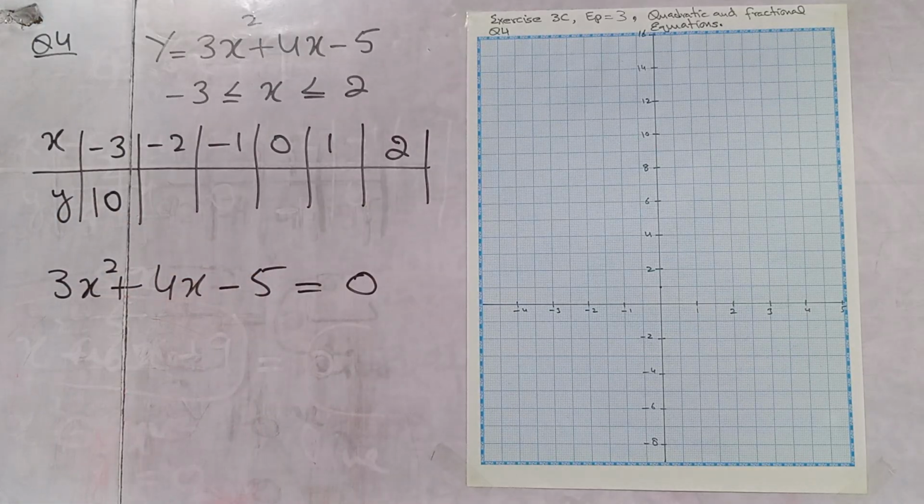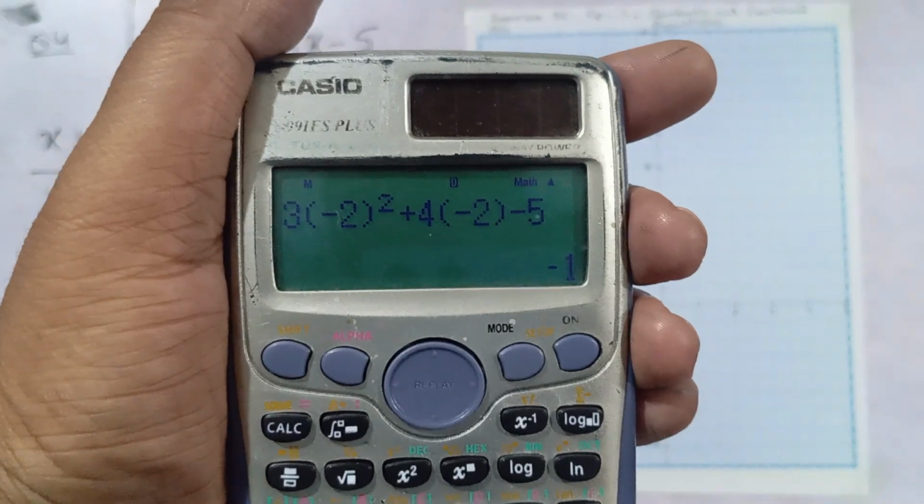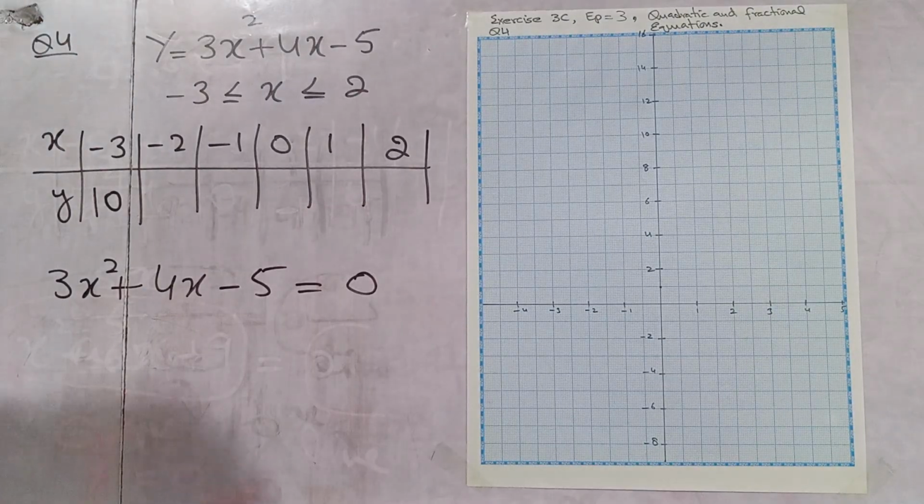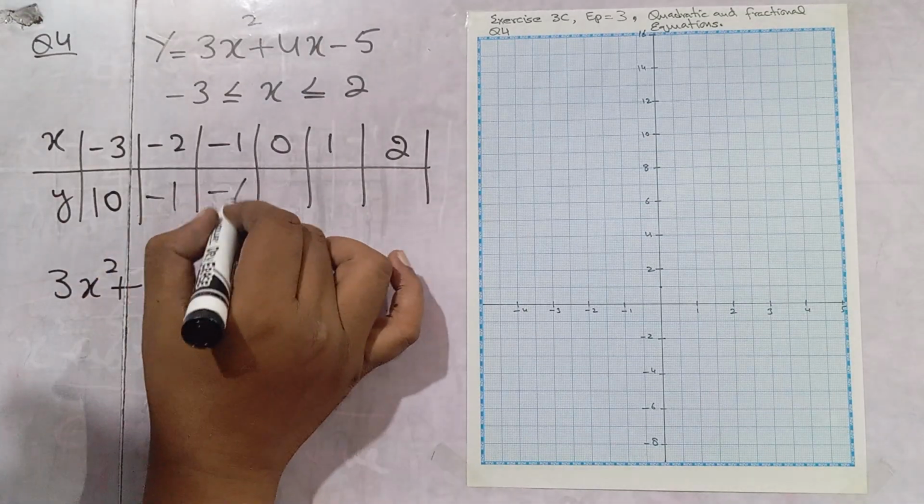Then 3 bracket -2 squared plus 4 bracket -2 minus 5 gives me -1. Now 3 bracket -1 squared plus 4 bracket -1 minus 5 gives me -6.